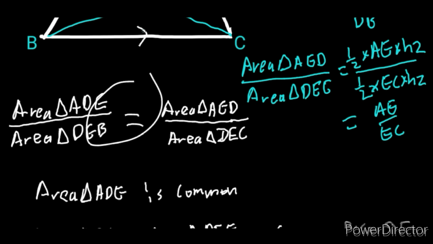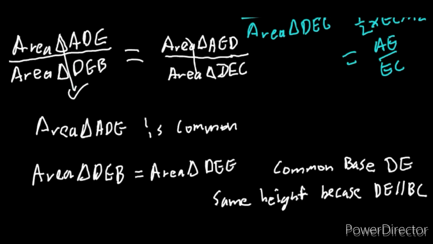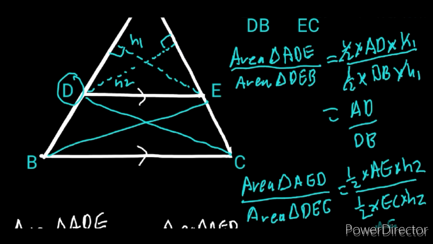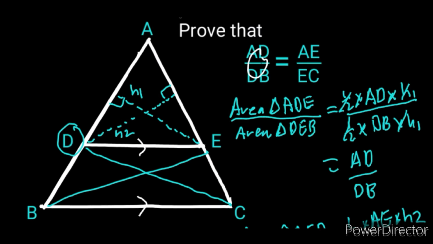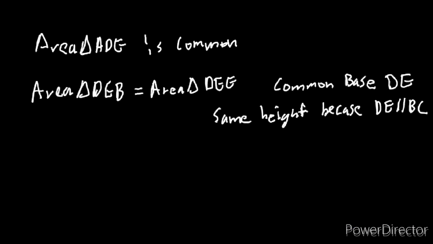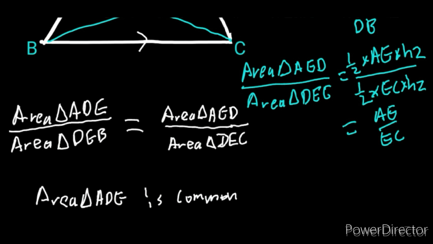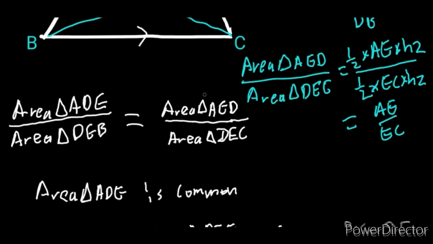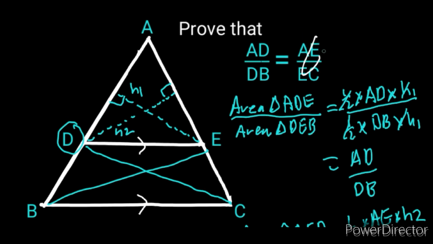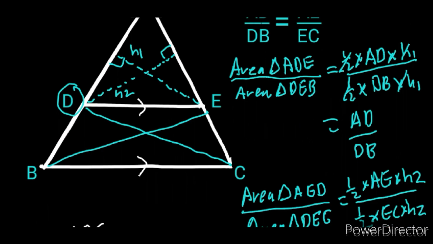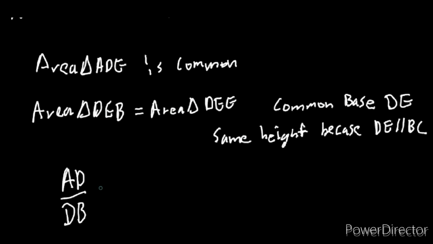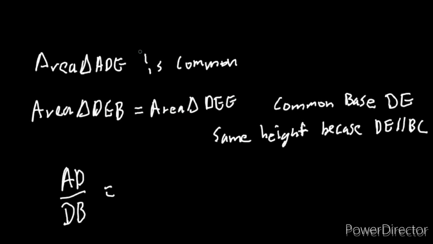So if they're equal, it means what they produced are both equal as well. Notice that this produced, what? It produced AD over DB, right? So it produced AD over DB, and this also simplifies to AE over AC.